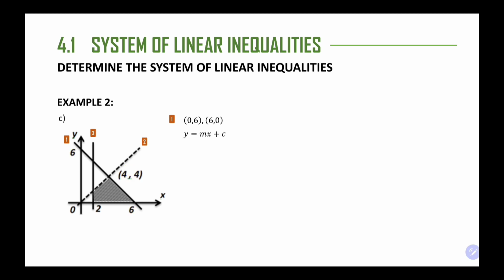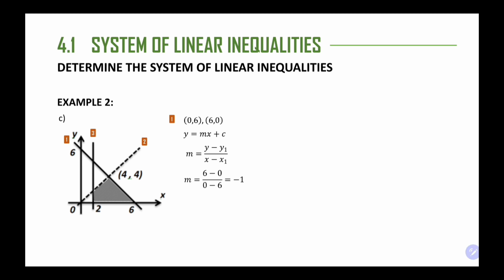y equals to mx plus c. To find m, the gradient, we use formula (y2 minus y1) divided by (x2 minus x1). Then we put the points into m. Then we solve, we get -1.